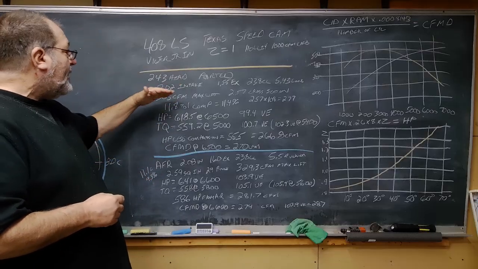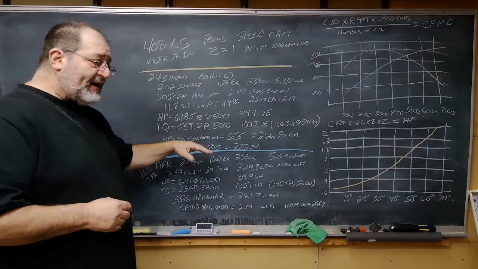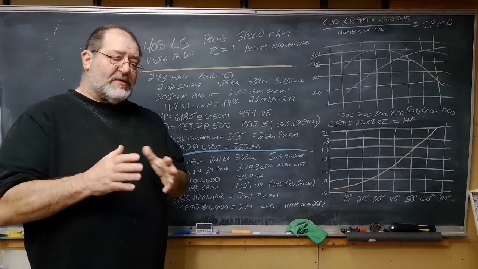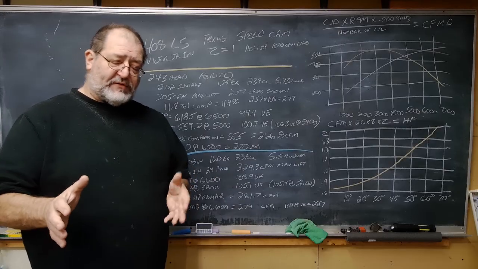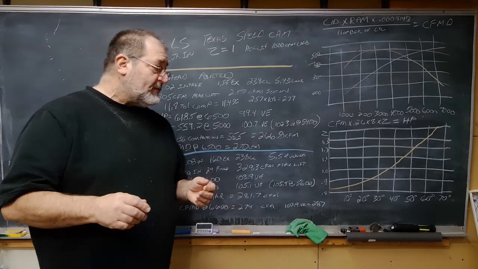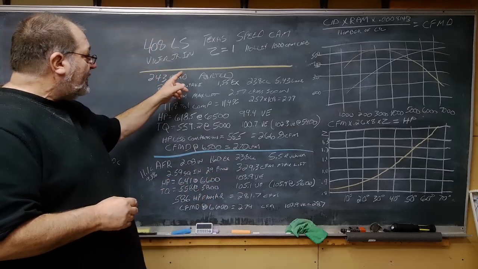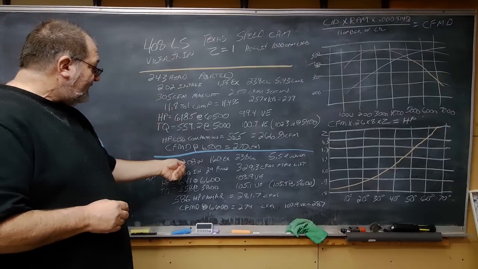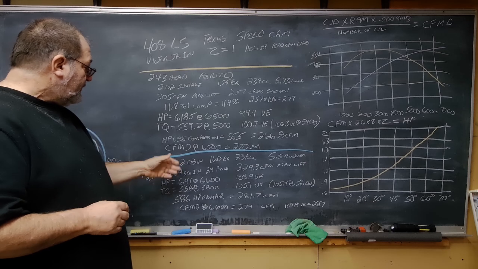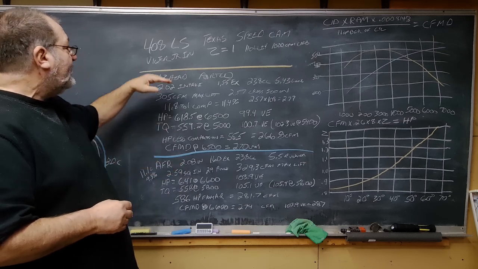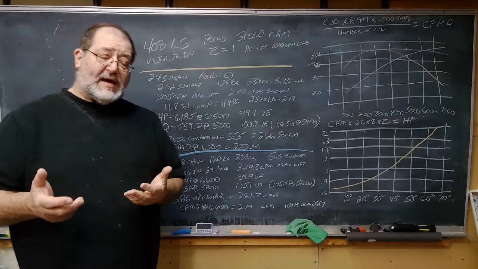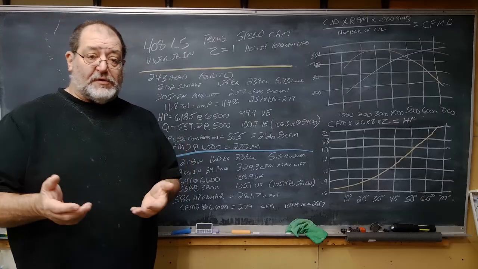Now, the other problem is that this is two different heads tested on the same motor with everything else the same, as much as he could pull off. This is a regular cathedral port head on an LS. This is a rectangular port head, so we do have a slight difference in intake, because the intake is meant to match the cylinder head.